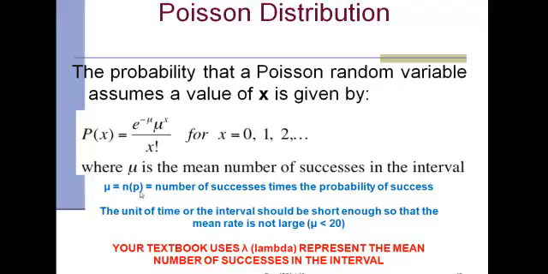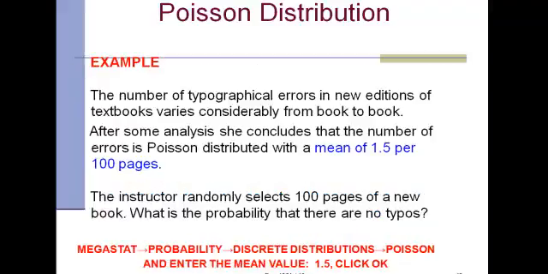Well, it's n times the probability of success. The unit of time or the interval should be short enough so that the mean rate is not larger than, say, a mu of 20, less than 20. Your book may use lambda to represent the mean number of successes in the interval. I'm not sure if yours does or not. Some do. But it's essentially a rate.